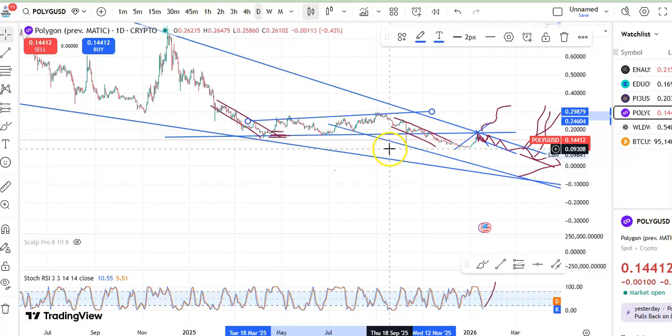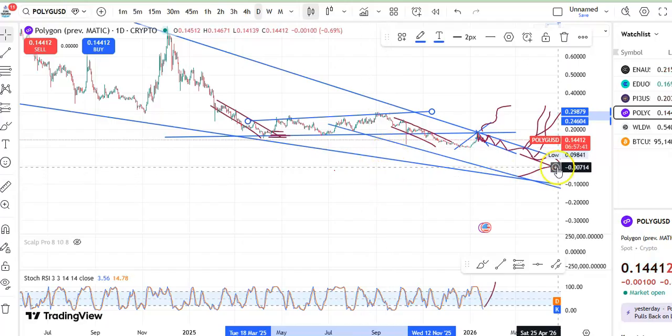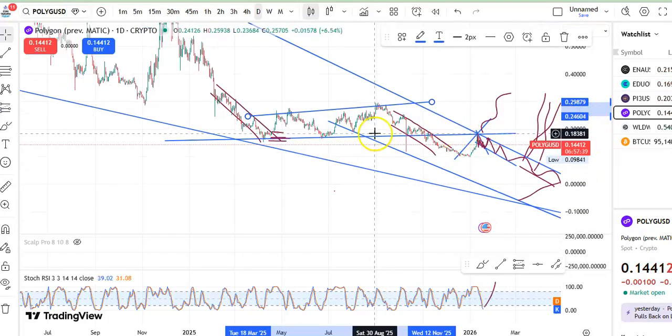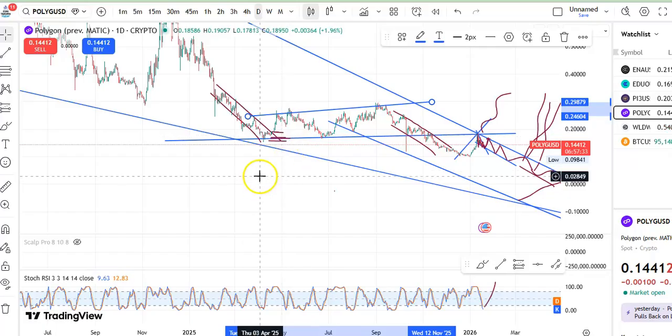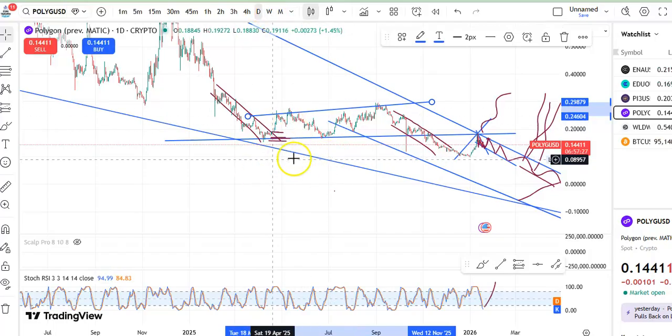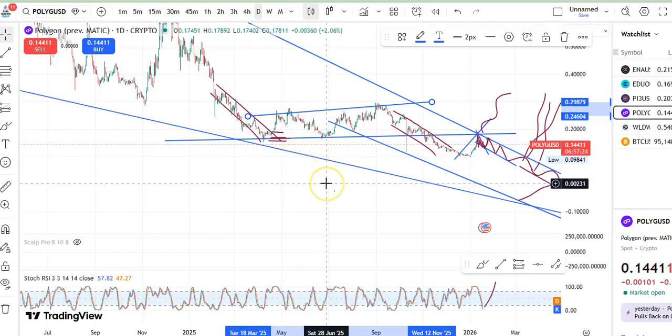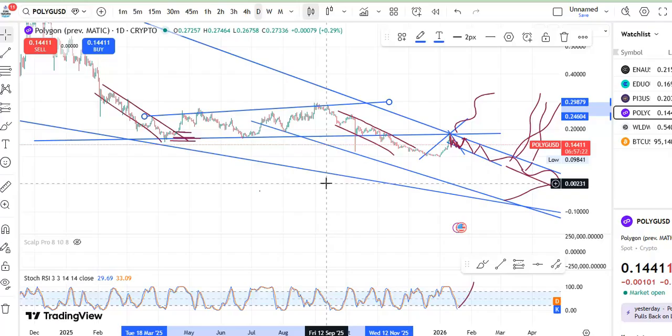So by drawing trend lines, you know where the candles will be moving next, and in case it is not going as per your analysis, always have a stop loss to prevent any major losses. Okay, so that is important. You have to always manage this to make good profit from this market.